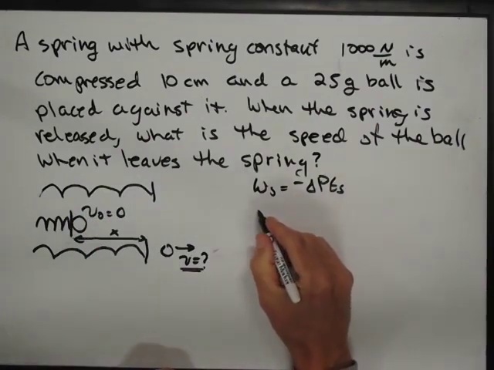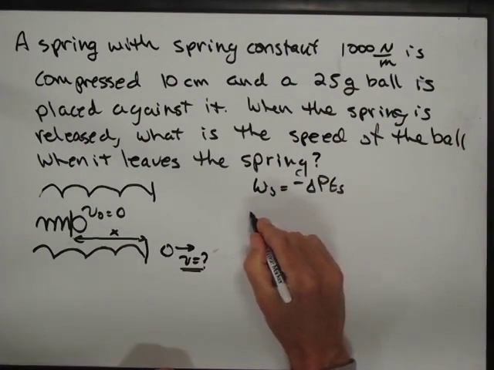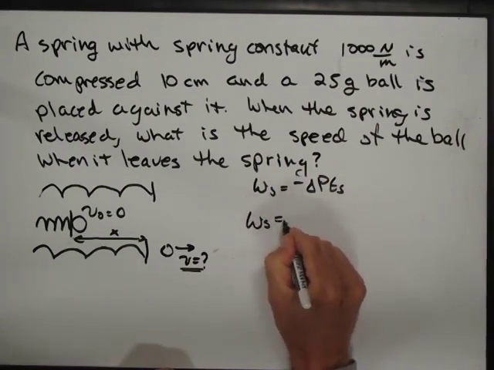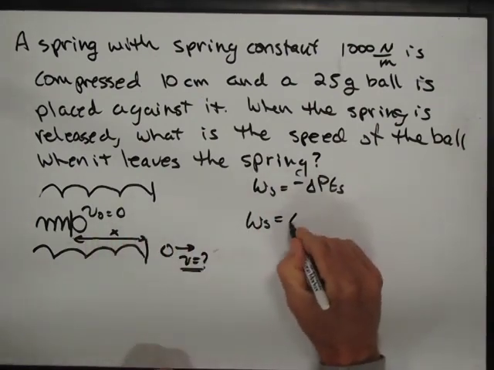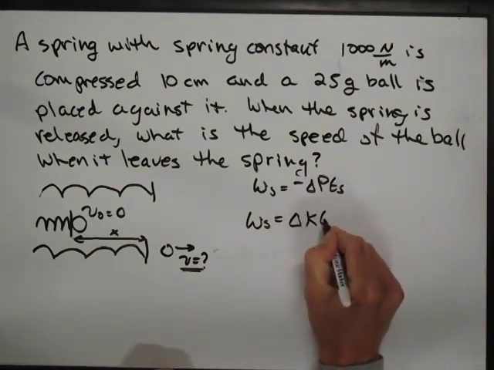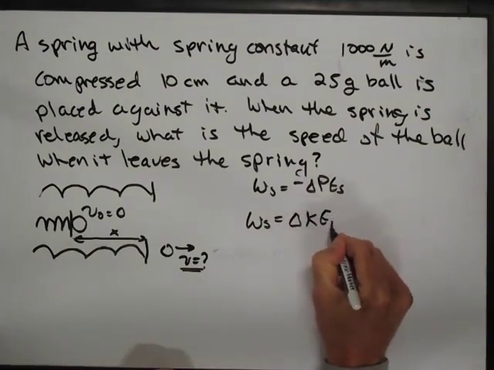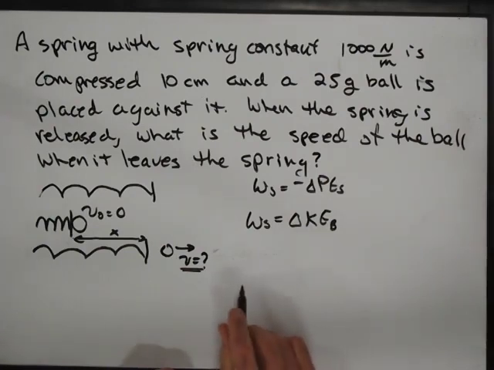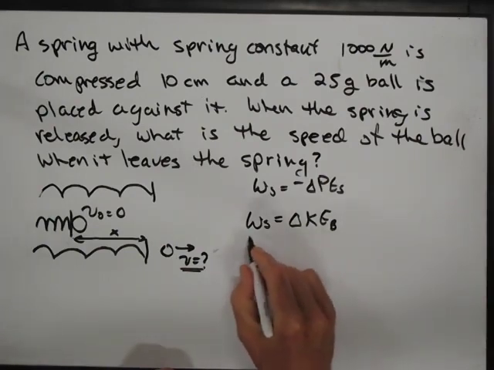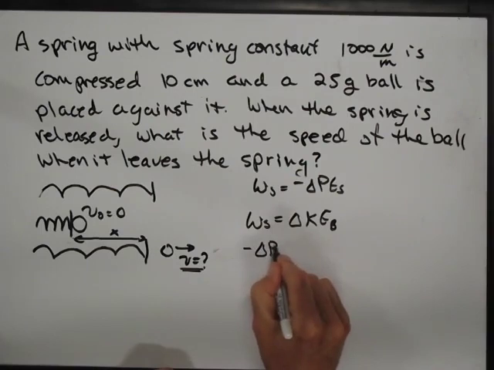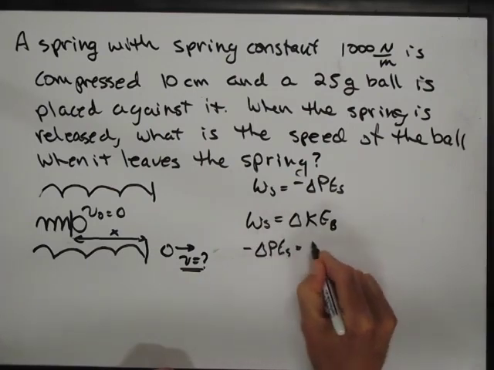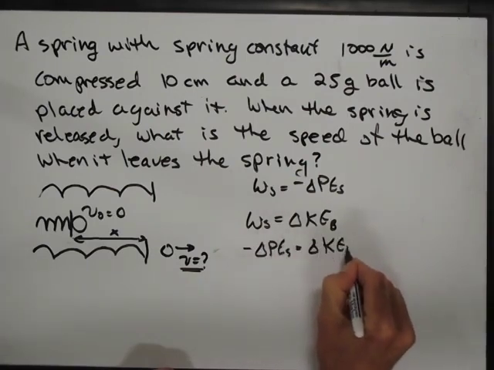And so I can say, look, the work done by the spring, since it's the only thing that's doing work, is equal to the change in kinetic energy. This is going to look just like the gravity problem we did. And so that means minus the change in potential energy of the spring is equal to the change in kinetic energy of the ball.